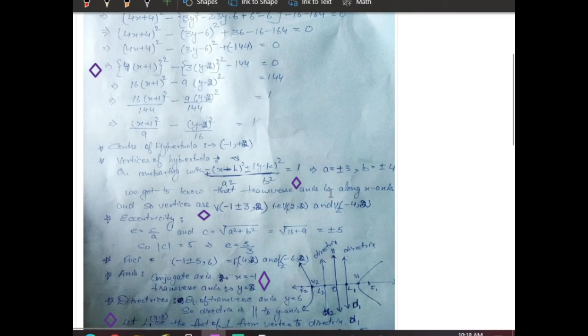Once you decide that, all changes will come at the x coordinate for calculating vertices, foci and all. So this is how it's going to be.